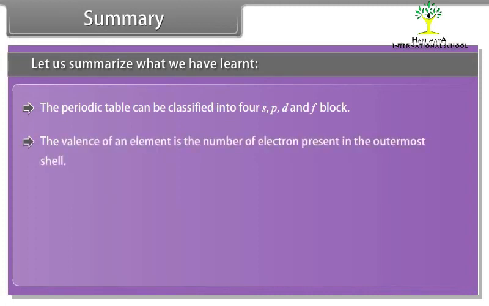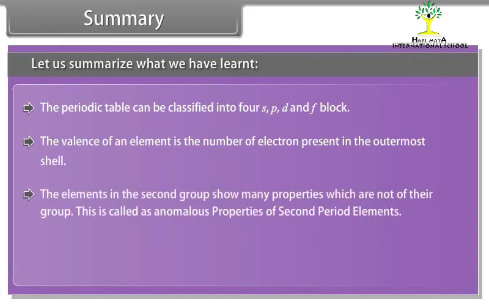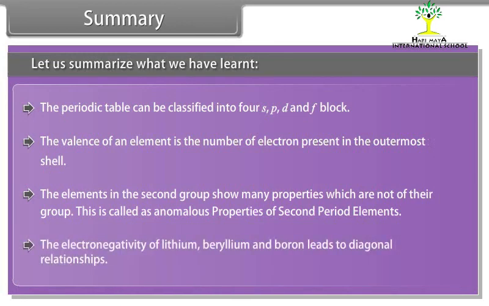The valency of an element is the number of electrons present in the outermost shell. The elements in the second period show many properties which are not shown by their group. This is called anomalous properties of second period elements. The electronegativity of lithium, beryllium and boron leads to diagonal relationships.